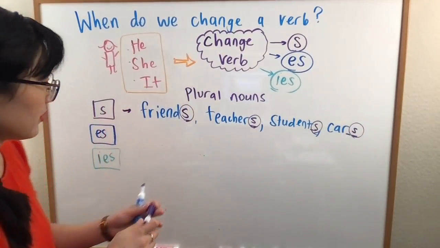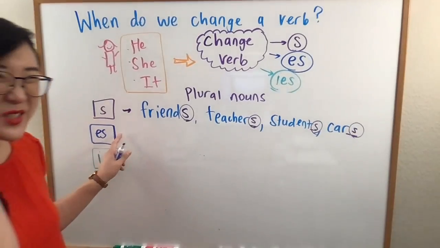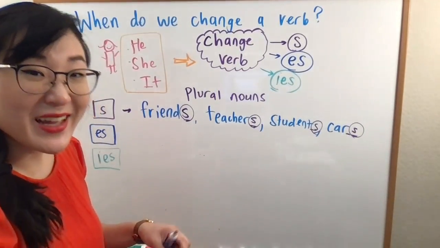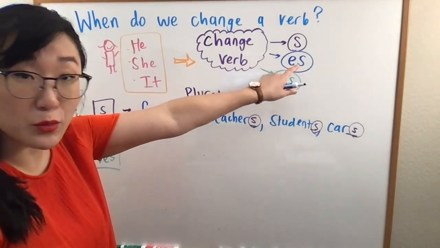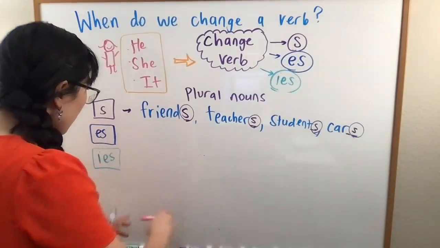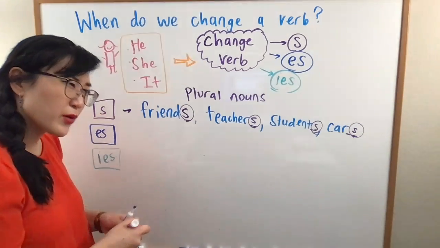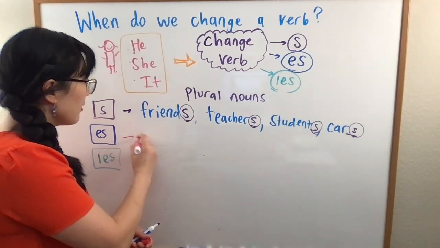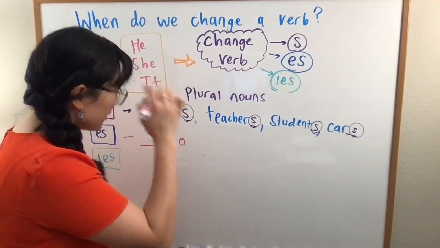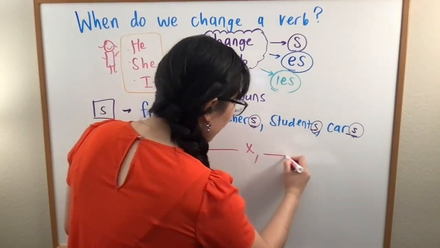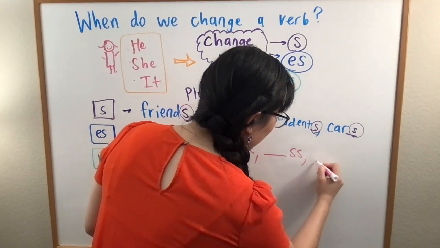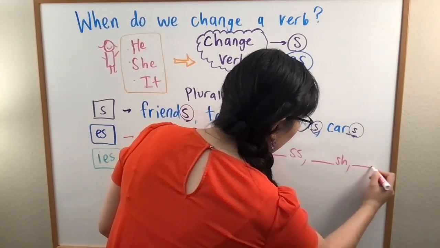Now, teacher, what about this ES? Very, very similar to this rule. So if I say, okay, ES endings for verbs. Okay, so X, SS, SH, CH.